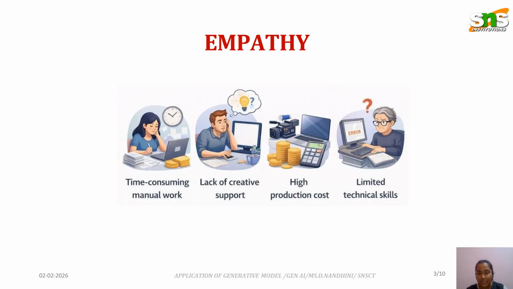So in empathy, we must consider time consumption, manual work, lack of creative support, high production cost, and limited technical skills. This generative model mainly focuses on how it understands the user problems and needs by learning patterns from larger data sets, understanding user preferences, behavior and pain points.